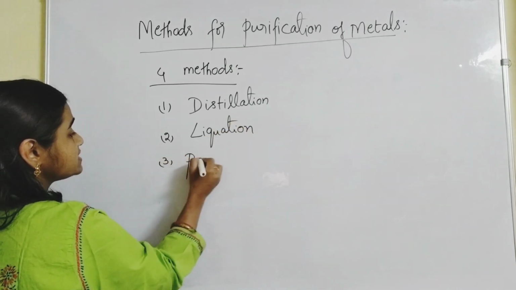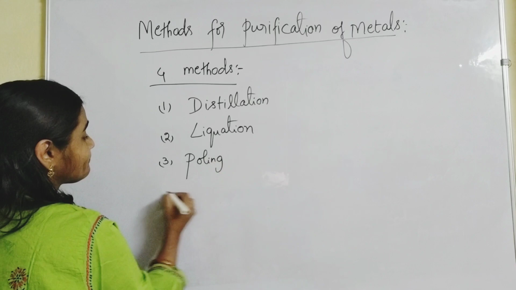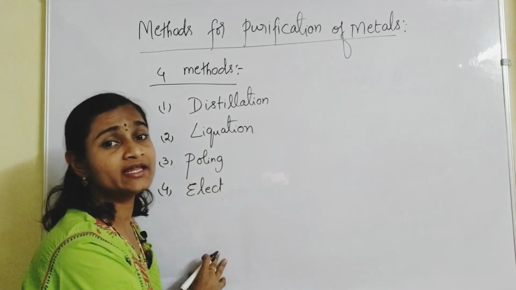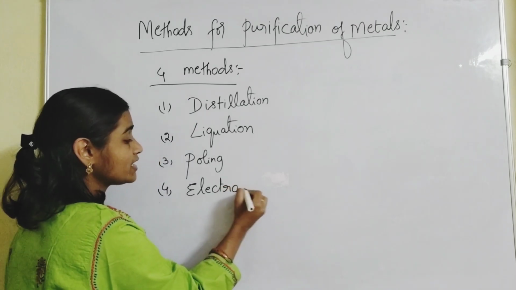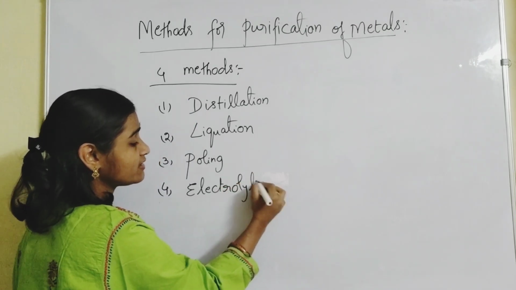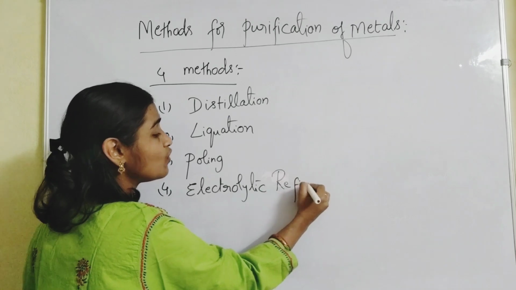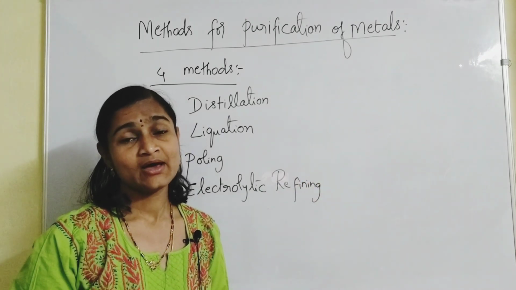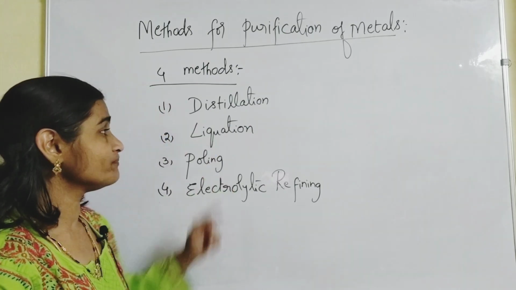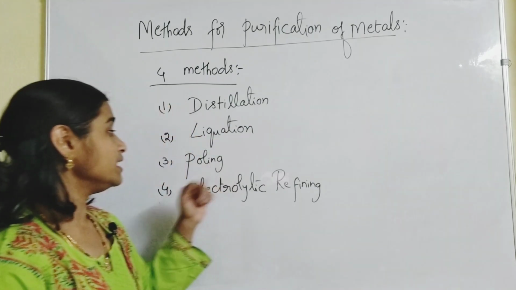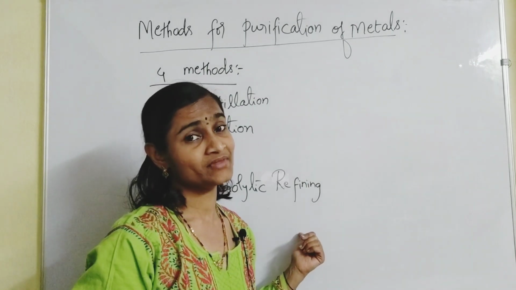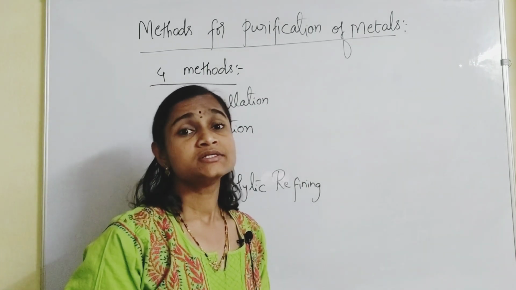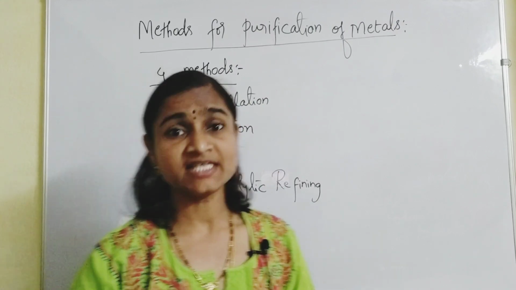The third one is poling. And the fourth one is electrolytic refining. So we have mainly 4 methods for purification of metals: first distillation, then liquation, then poling, and the last method is electrolytic refining. In this video, we are going to discuss these 4 methods.